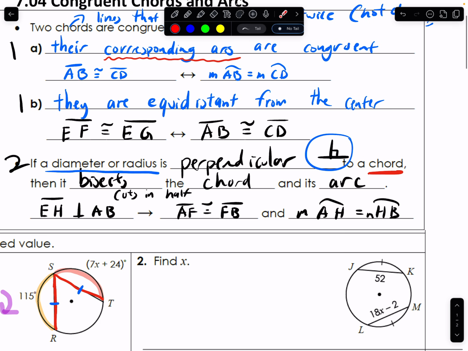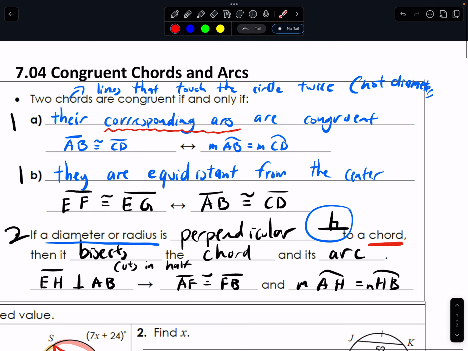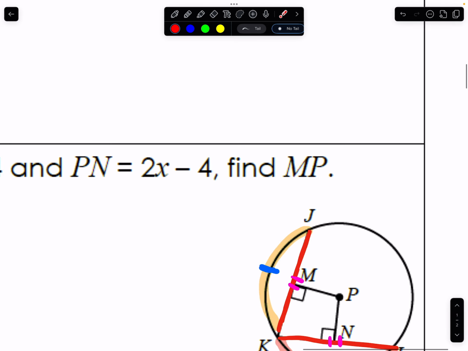If the two chords are congruent, then they are equidistant from the center. So these two chords are the same distance from the center. Because they are congruent, they're equidistant from the center.